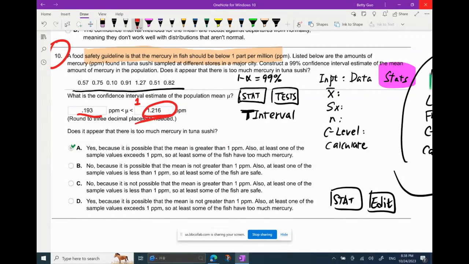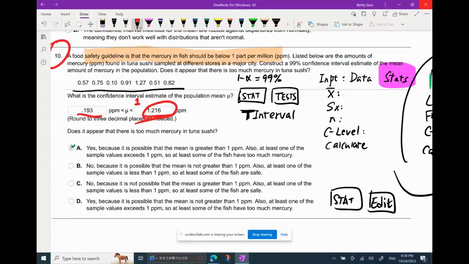You see, part of the interval is bigger than 1. So we would say too much, because it is possible that the mean is greater than 1. Also, at least one of the sample values exceeds 1. So at least some of the fish have too much mercury.